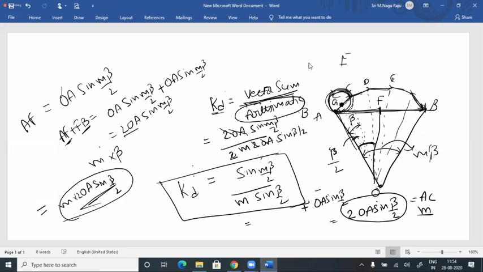To find the AC magnitude, we have taken a bisected line here. This is slot angle beta, this is slot angle beta by 2. So from this we found AG and added GC. We get AC, the EMF induced in one conductor.